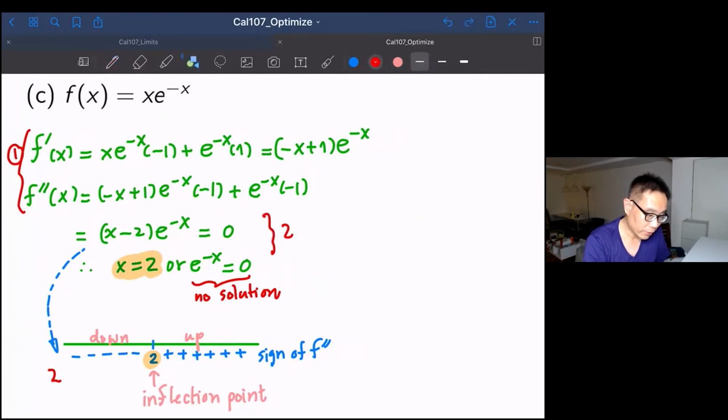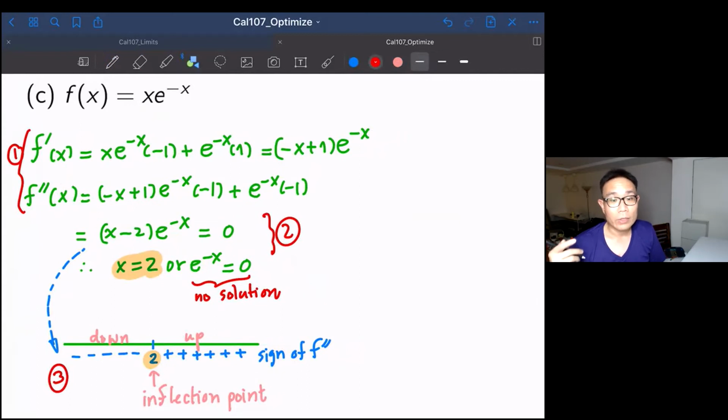And the third step will be you have to determine the sign. If the sign does not change, it's gonna be just a point, so you're not gonna say anything much. However, if the sign changes, it's gonna be concave up to concave down, or in this case, you have concave down to concave up, and that point turned out to be called the inflection point.